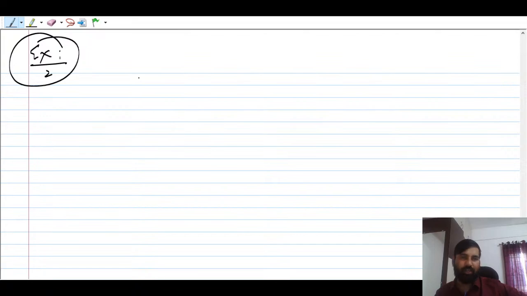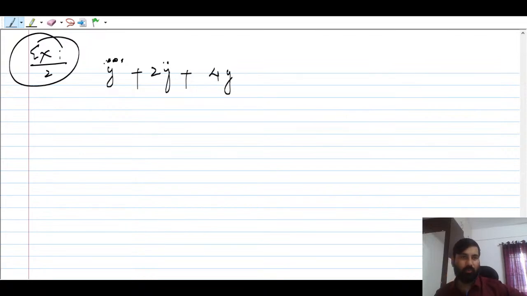So now look here, the differential equation is given, that is y triple dash plus 2 y double dash plus 4y.